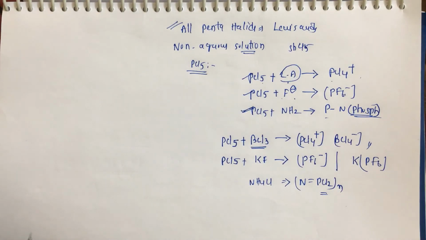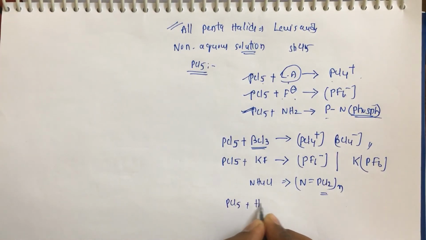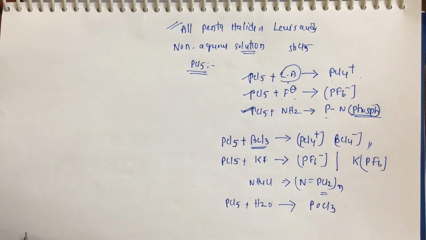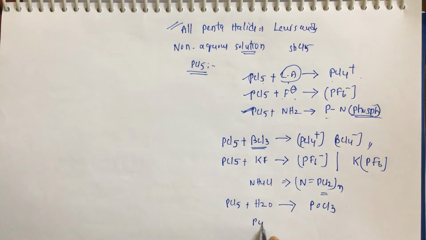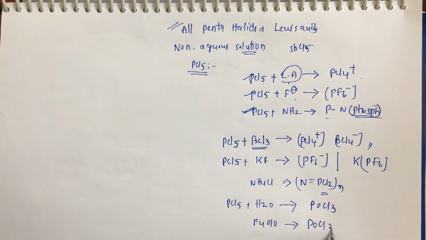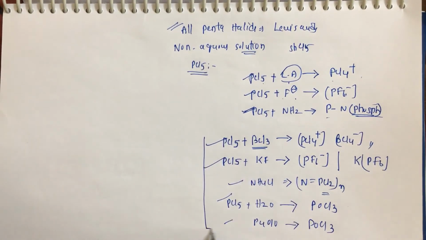Another important one is PCl5 upon treatment with water, it forms POCl3. And upon treatment with P4O10 also, it forms POCl3. So these five reactions are very, very important.